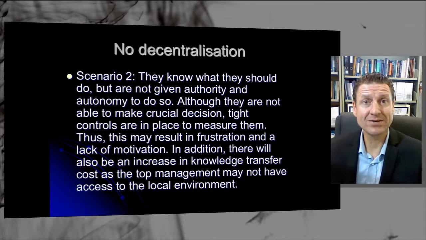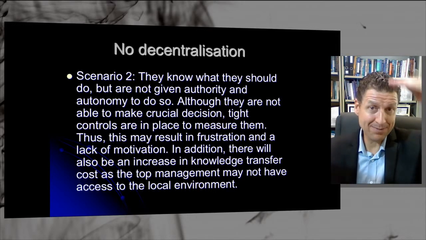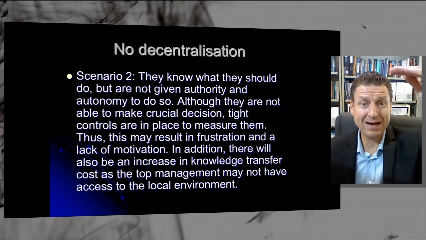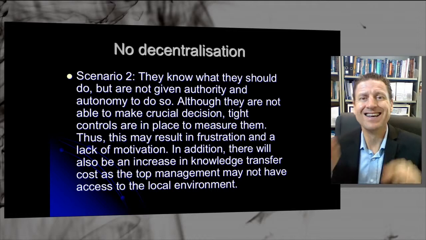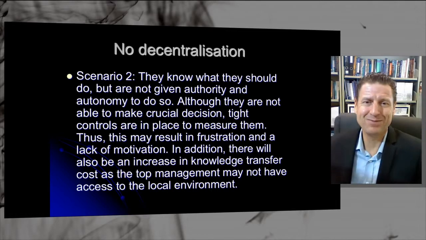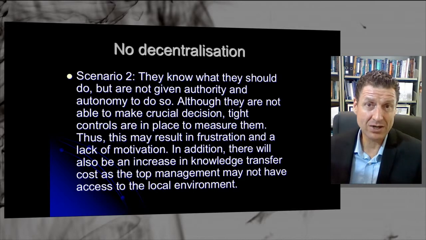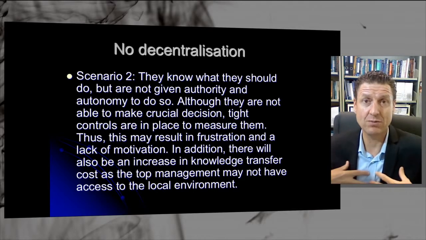What about if we don't have decentralization? Oh, you've got it. Knowledge transfer costs go up or go down? You know, knowledge transfer costs are going to go up through the roof. Yes, they know what they should do, but managers are not given authority. And now managers are not going to be very happy either. I'm a divisional manager.